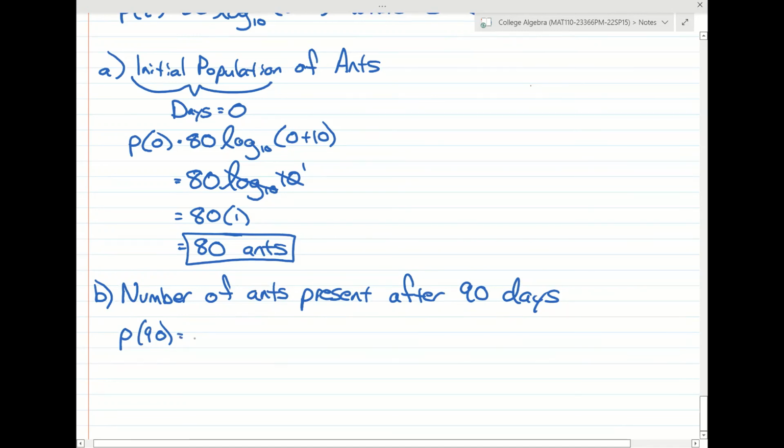And if we plug that in, we're going to do 80 times the log base 10 of 90 plus 10.